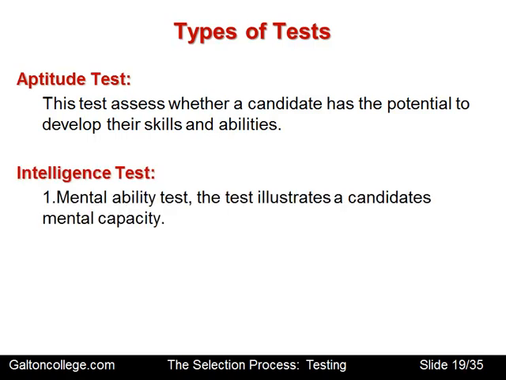Intelligence tests, well, mental ability test. The test illustrates the candidate's mental ability or capacity to perhaps analyze situations or do simple calculations, but do them fast. Have an agile mind, a mind which can take in information and process the information and come up with logical solutions and answers in a timely manner, in a fast way.